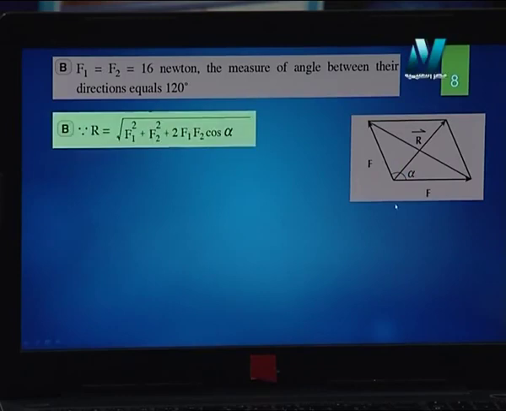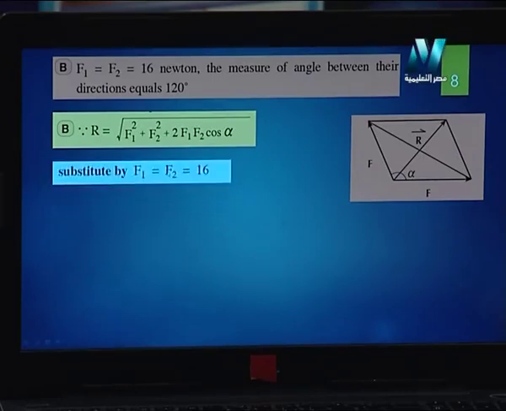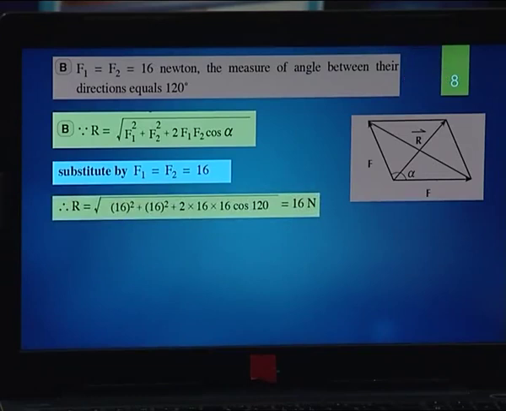We can use the original rule, which is the square root of F1 power 2 plus F2 power 2 plus 2 F1 F2 cosine alpha. We can substitute F1 equal F2 equal 16 Newton here, and R will be the square root of 16 power 2 plus 16 power 2 plus 2 times 16 times 16 cosine alpha, where alpha is the angle between the two forces, so the answer will be 16 Newton.